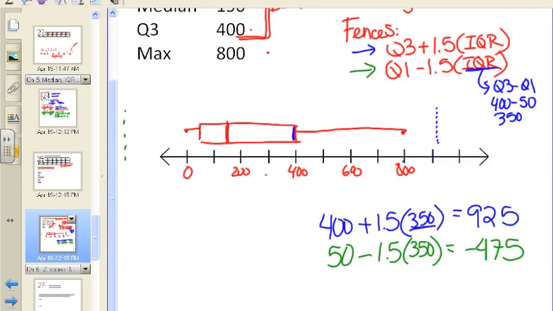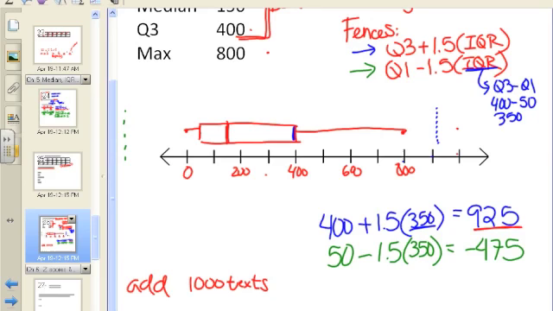Now, just for fun, let's pretend that somebody moves in, and we want to just put them on the graph, and they send 1,000 text messages. Now, certainly I would go back and recalculate, but just for appearances, just for illustration, I'd like to go ahead and just put 1,000 on the graph. Remember, anything past 925 is an outlier, and 1,000 is way out here.